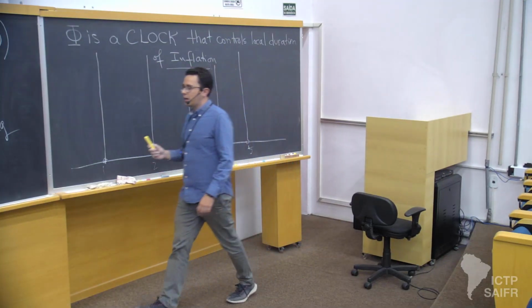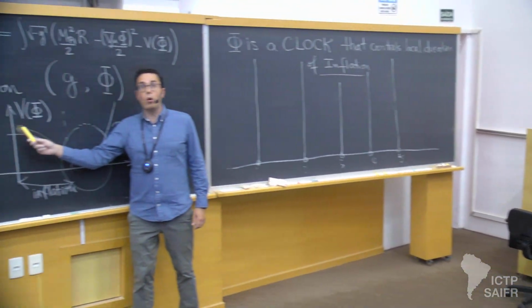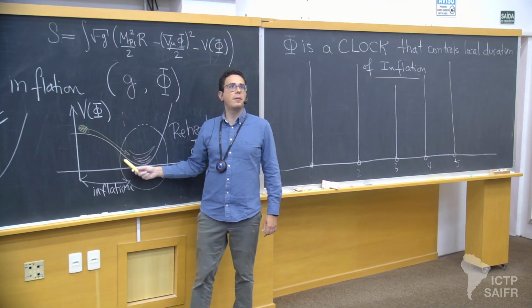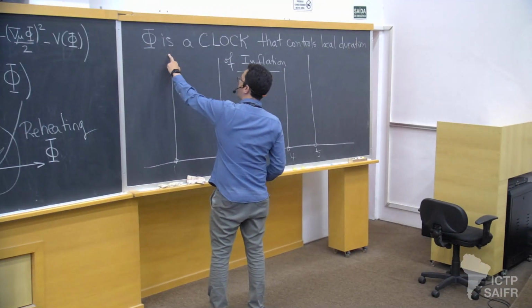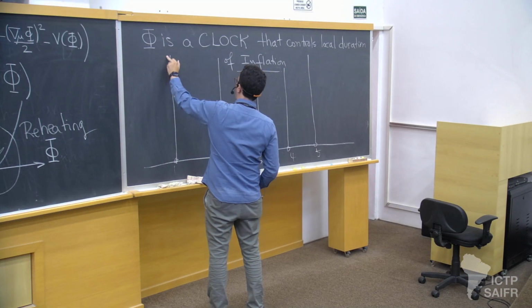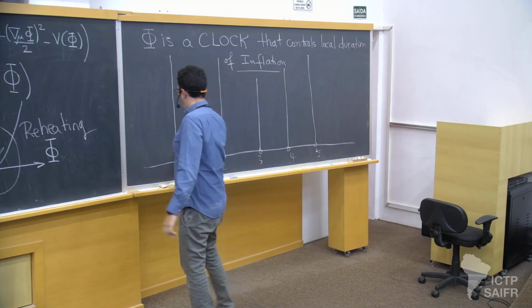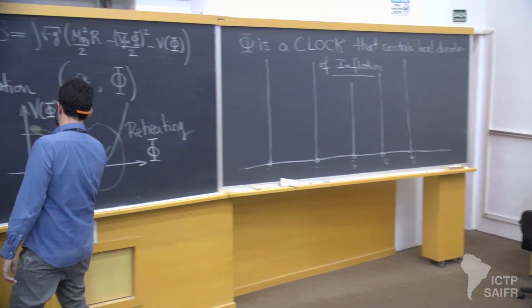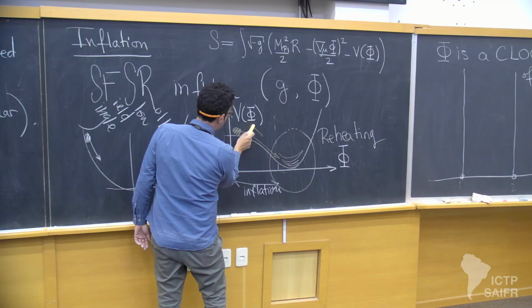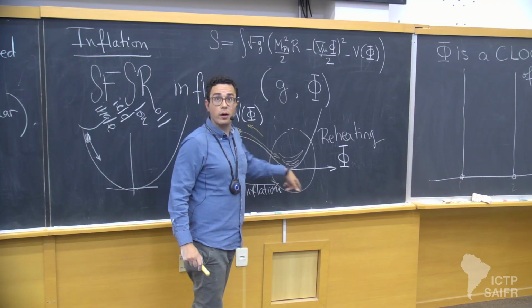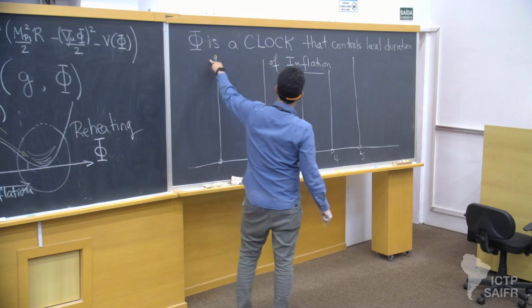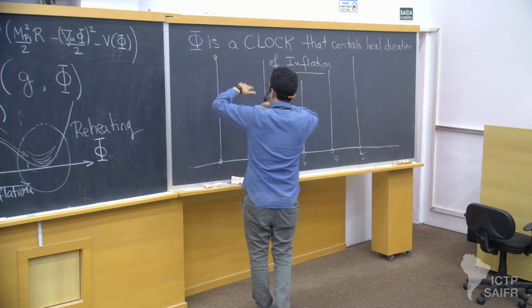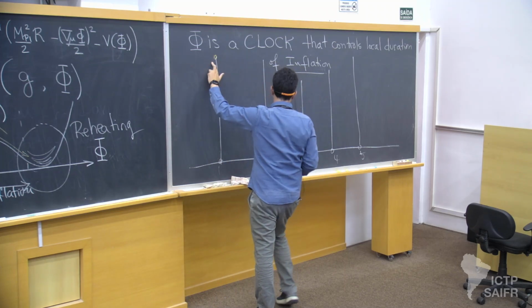If the clock ticks a little bit slower, it means that you remain more time inflating. So inflation lasts a little bit longer for this point. Point 1 is the one that got a little kick up the hill, and then it took longer to roll all the way down. So point 1 ends up with a little bit more inflated space around it, stretched a little bit more.